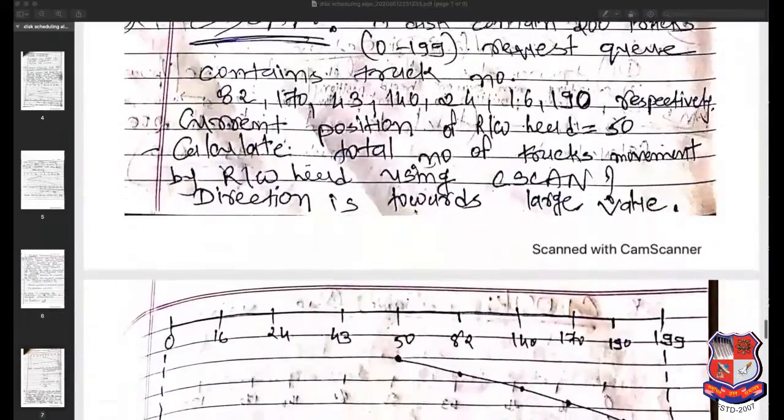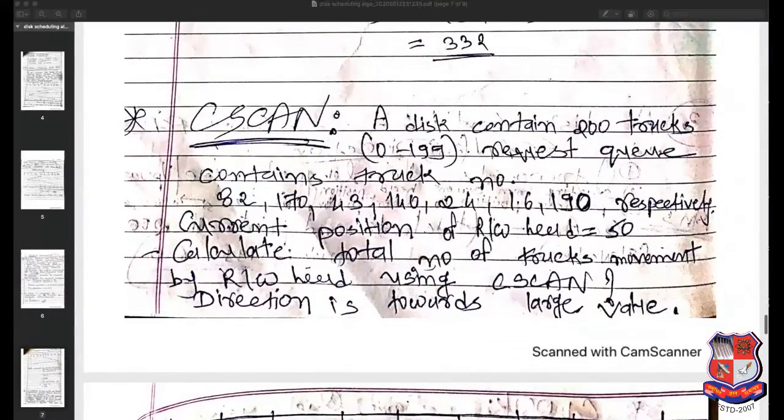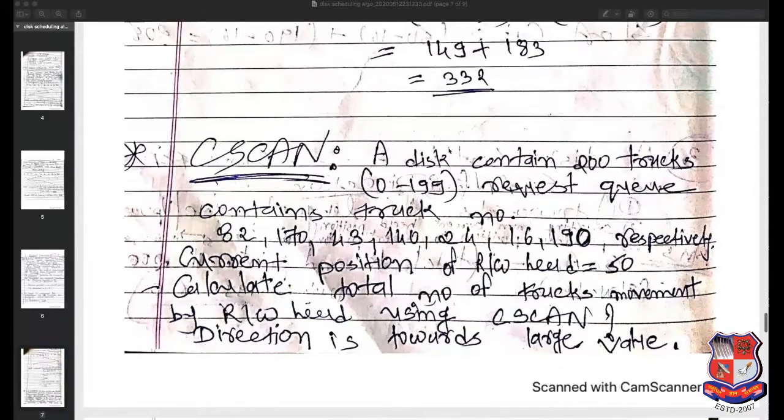The disk contains 200 tracks, and the request track numbers are 80 to 170 up to 190, same as in SCAN. My current position of the read write head is 50, and calculate the total number of track movement by the read and write head using C-SCAN. Here the direction is towards the large value.